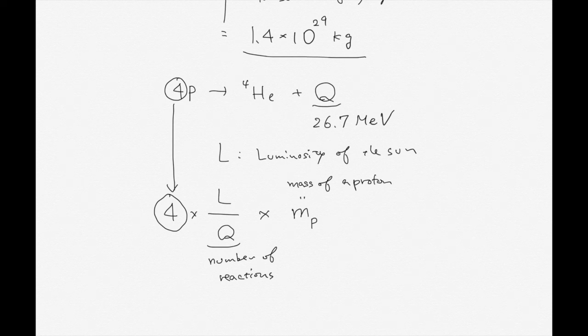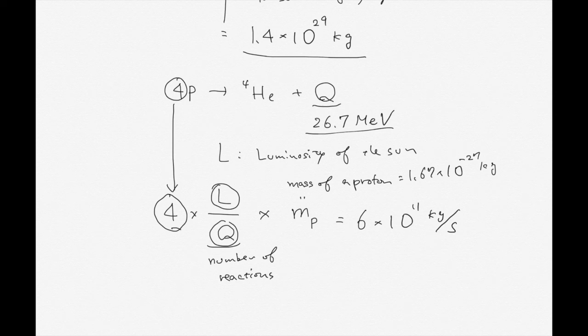The mass of the proton is equal to 1.67 times 10 to the minus 27 kilograms. Then you can calculate how much proton mass is lost every second. You substitute the luminosity, and Q is 26.7 mega electron volts, times 4 and the mass of the proton, and you get 6 times 10 to the 11th kilograms per second.